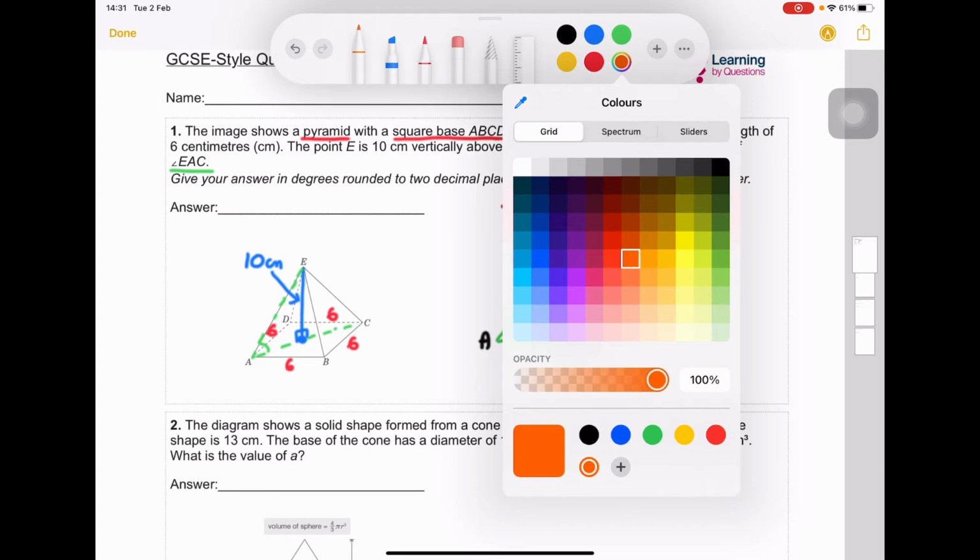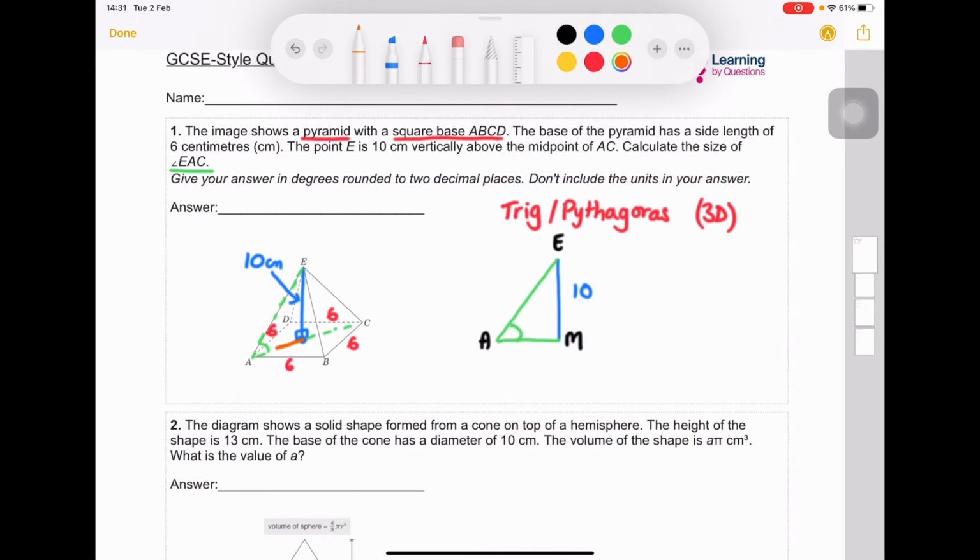Well, this base is a square, right? So we're going to use Pythagoras' theorem, work out the hypotenuse and then divide it by 2. So we have 6 squared plus 6 squared, which equals 36 plus 36, 72. So the hypotenuse is root 72.